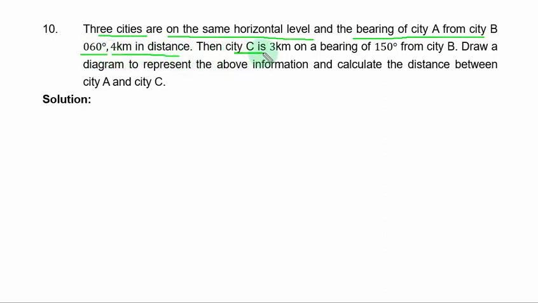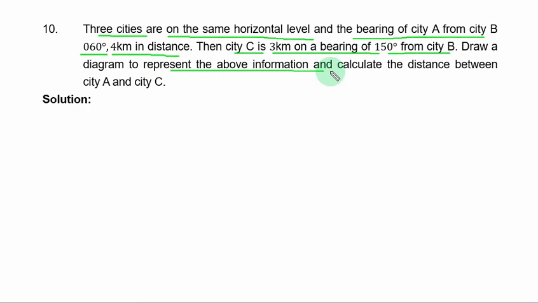Then city C is 3 kilometers on a bearing of 150 degrees from city B. Draw a diagram to represent the above information and calculate the distance between city A and city C.